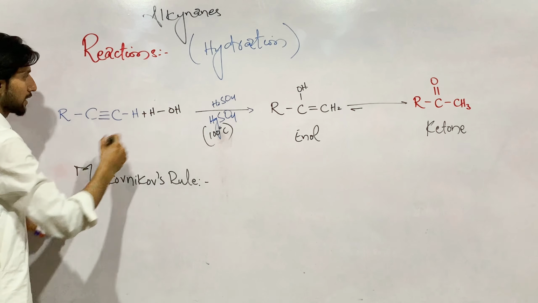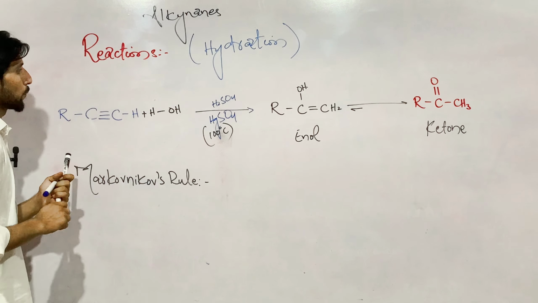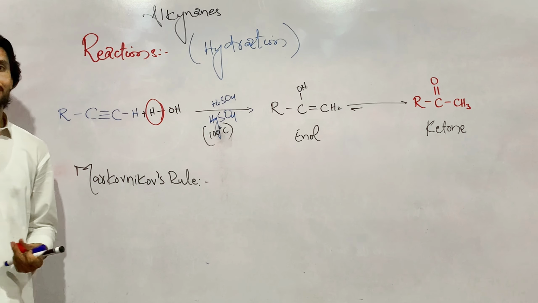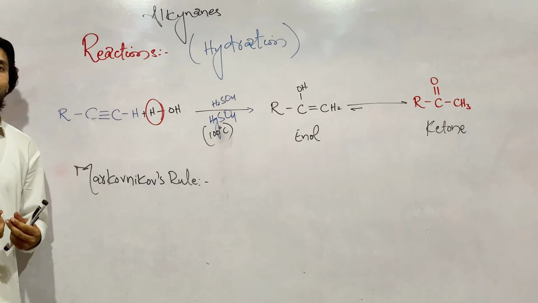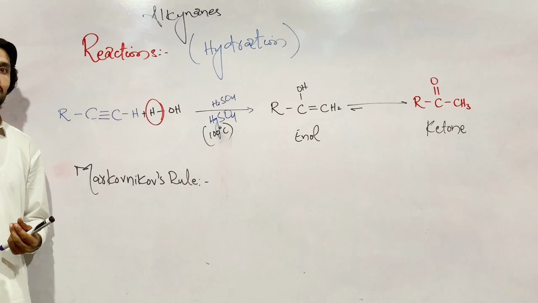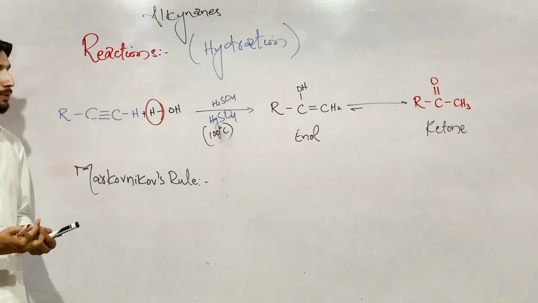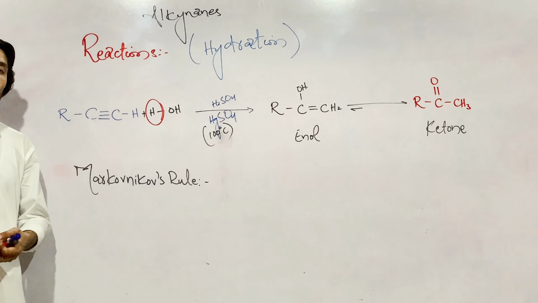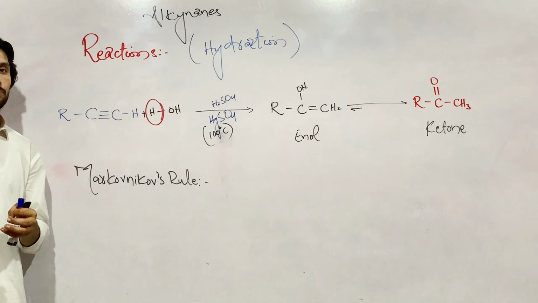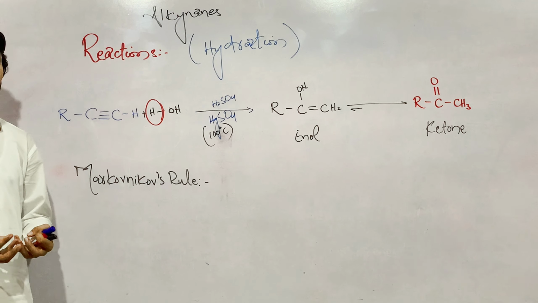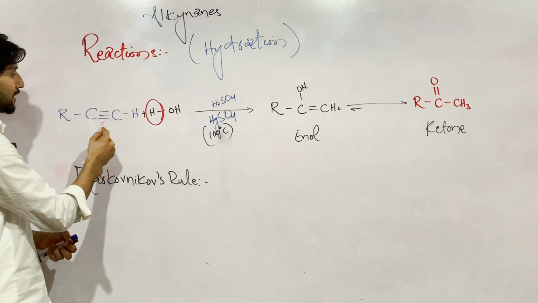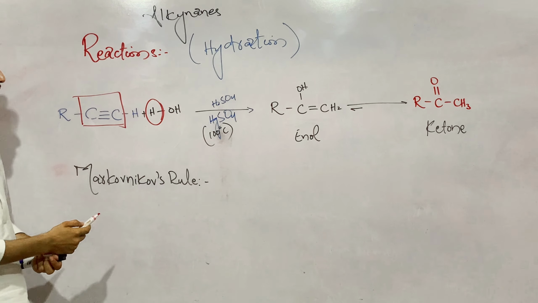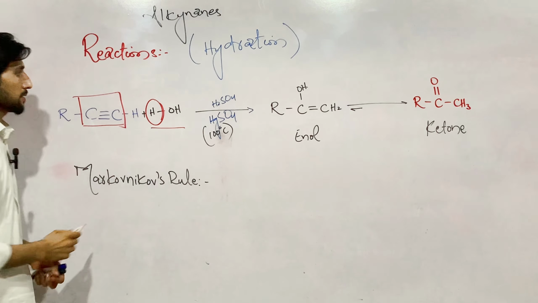the positive side of our reagent will add up. As Markovnikov says, if the reagent is unsymmetric, which we are adding to a double bond or triple bond, we will see the addition of the positive side toward the side of the double or triple bond that contains the greater number of hydrogen atoms. So here in this case, our double and our triple bond is unsymmetric and our reagent is unsymmetric.